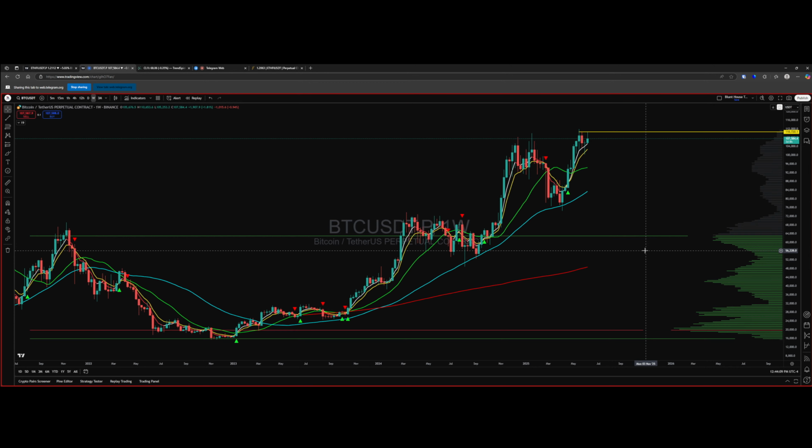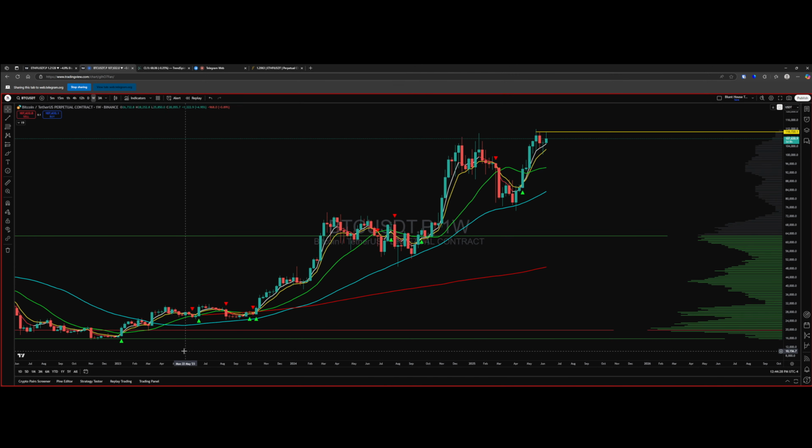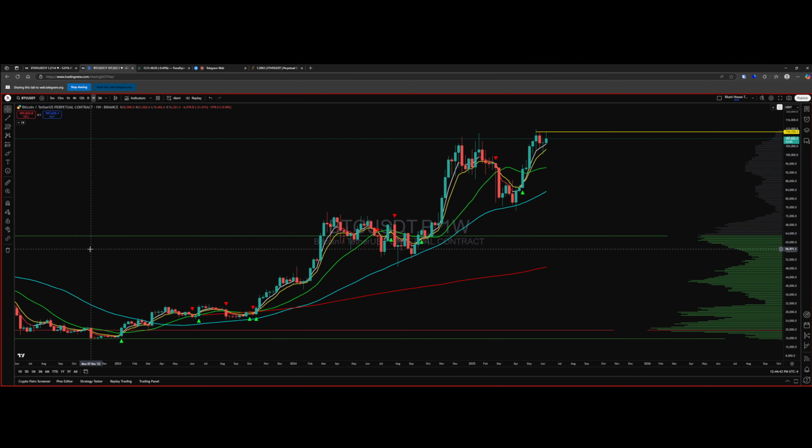Well, if you're looking for one of those moves to the upside, look to the value ranges, look to the point of control, look to major moving averages, like here. And when you can line up as many of those positive attributes as possible that have a tendency to push price higher, again, look for these oversold levels in the stochastic RSI. These are the things that I'm doing every day. Simple stuff, right? We don't have to overcomplicate it. We do that enough as it is.